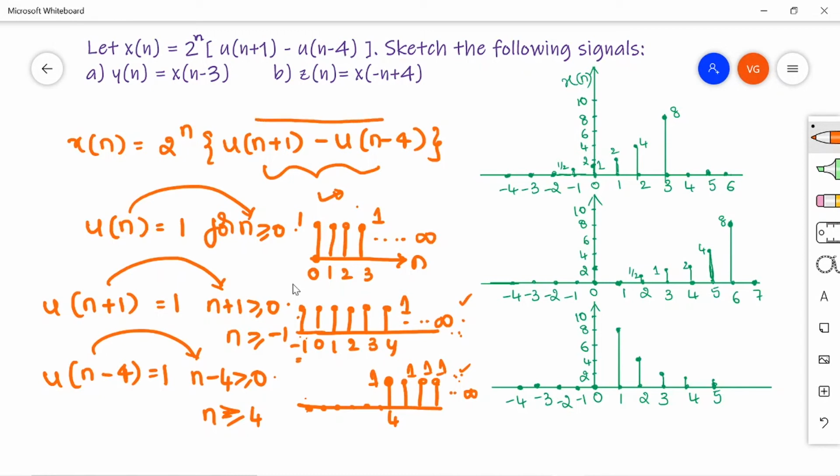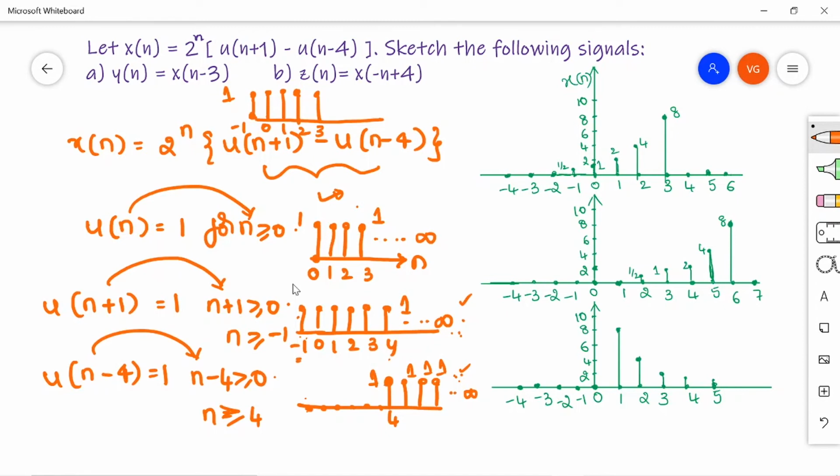At n is equal to minus 1, I will have an amplitude of 1. Then here 1 minus 0, again 1. At n is equal to 1 also, 2 also, 3 also, I'll get an amplitude of 1, right? So 0, 1, minus 1, 0, 1, 2, till 3 I'll get an amplitude of 1 here. At 4, 1 minus 1, 0.